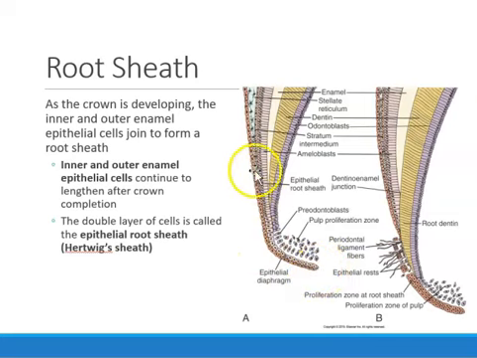That double layer of cells, the inner and outer enamel epithelium, is known as your epithelial root sheath or Hertwig sheath. Some people call it HERS. It's where the outer and inner enamel epithelium join together and then they help you make the root.